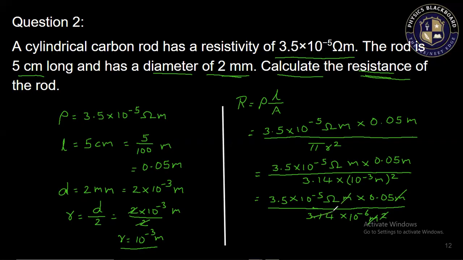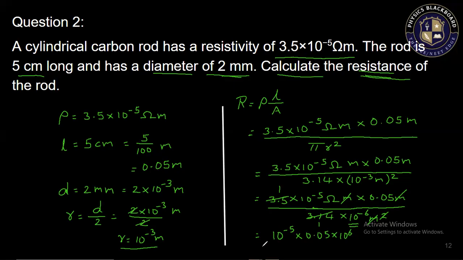Let's say I'm taking 3.5 by 3.14 as approximately 1. So finally, what you get here is 1 into 10 power minus 5 into 0.05 into, if you take this 10 power minus 6 to the numerator, it becomes 10 power 6.